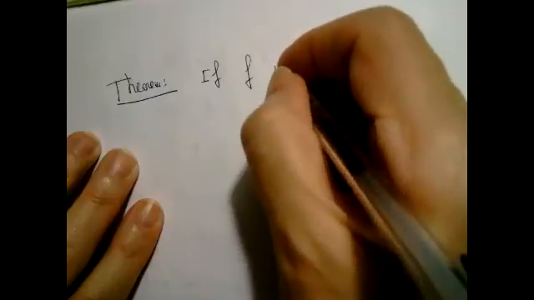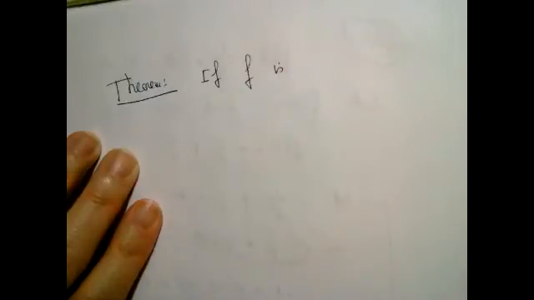So the last thing I mentioned yesterday was the following. I wrote it as a theorem. If a function f is continuous, it means it just keeps moving. There is nothing that stops.